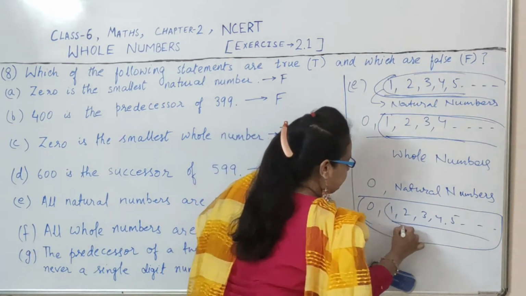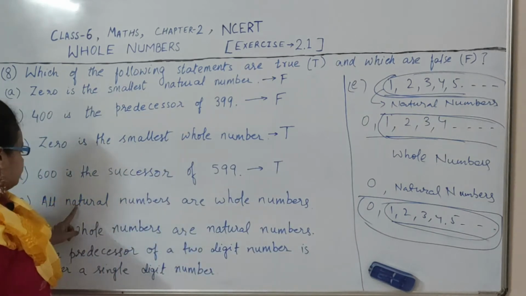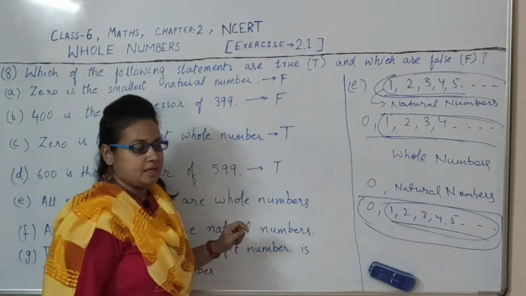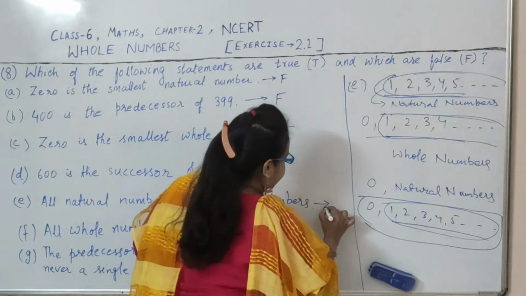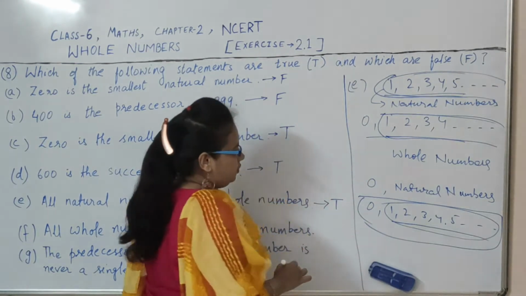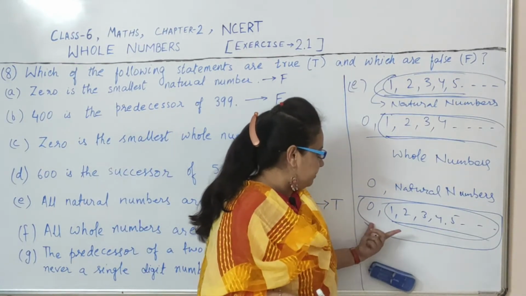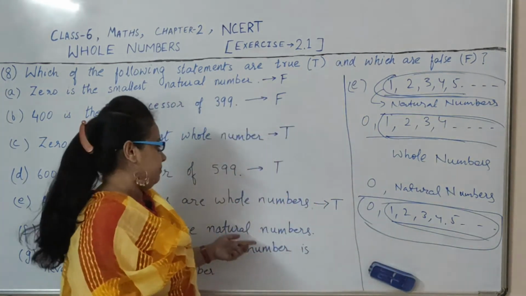True. Understood? These all natural numbers also come in the collection of whole numbers. So all natural numbers are whole numbers.